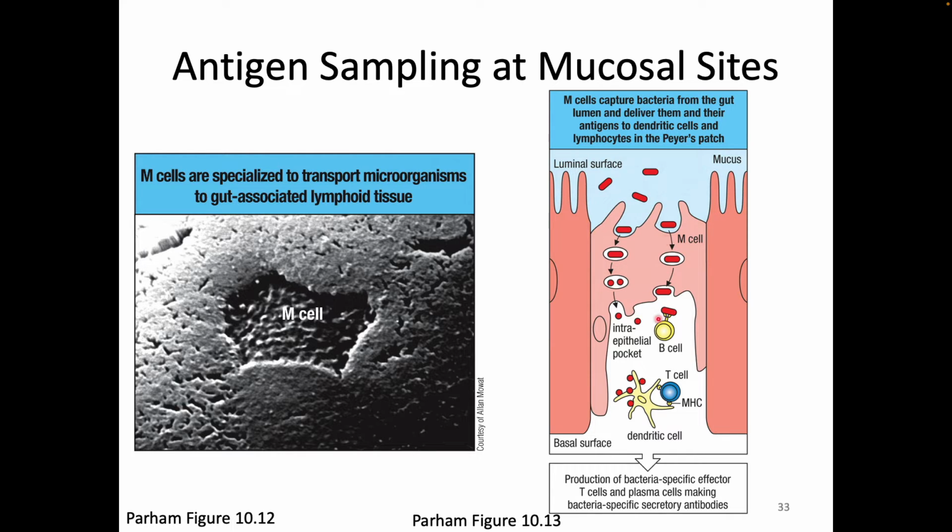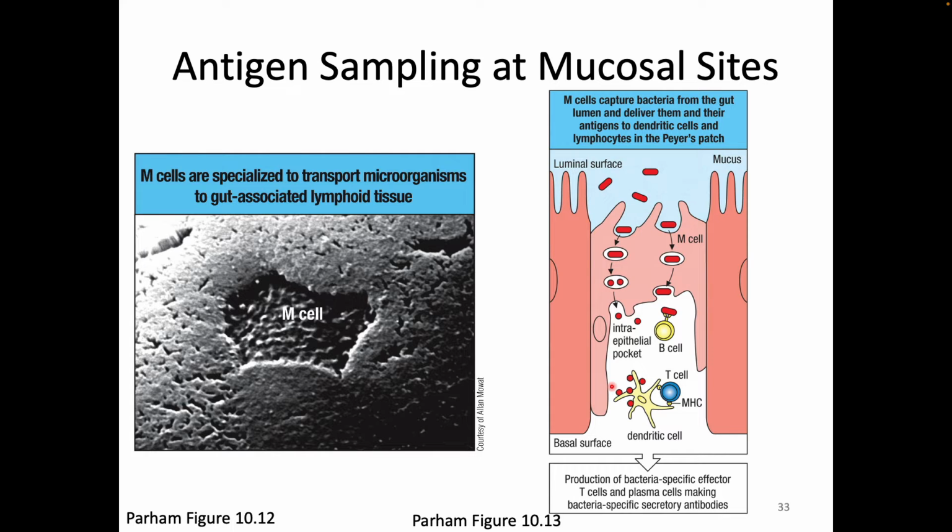It's sort of like, instead of having an open wall where you just let the microbes come into the gut tissue, the M cell takes little samples and brings them into this secluded little area and says, hey, T cells and B cells, can you check these, see if they're okay? We're not going to let them all in because they might be bad, and it would be really terrible if we left them all in.